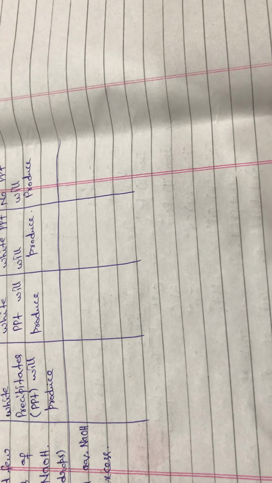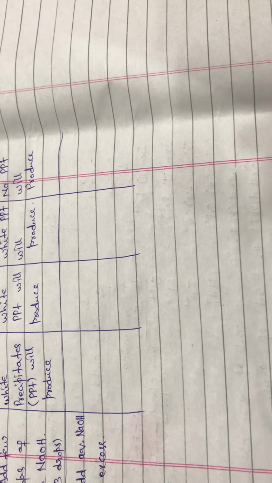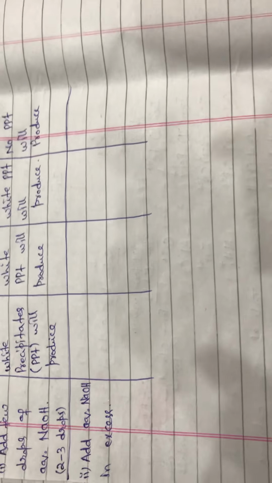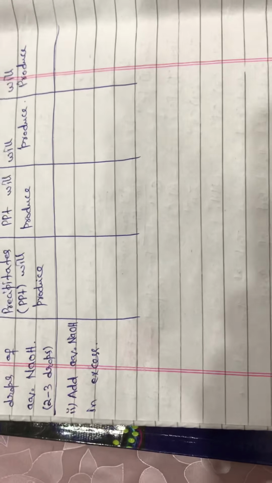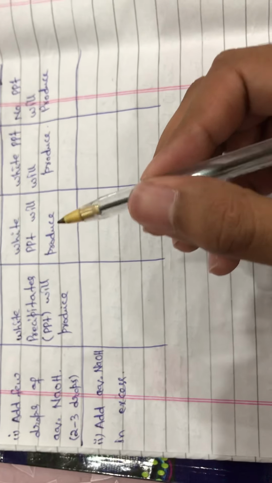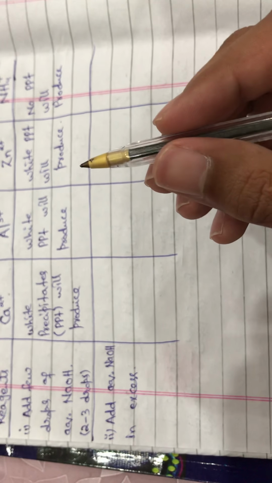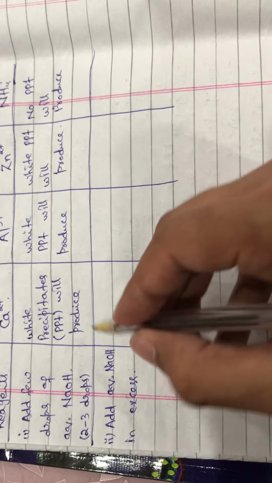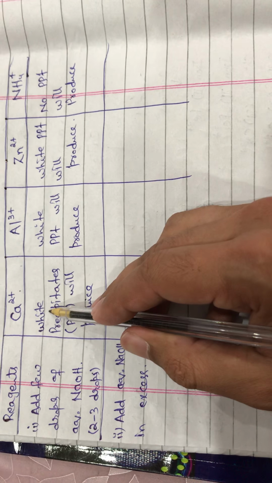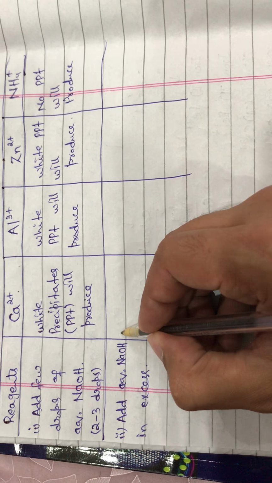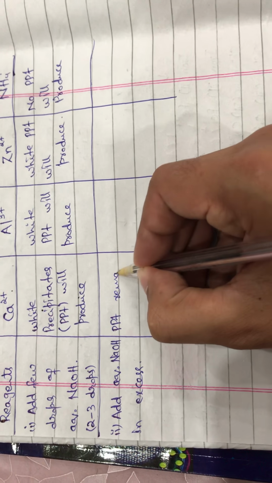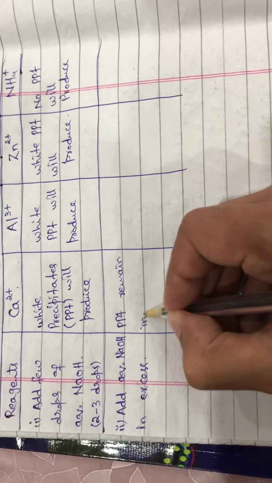You can add 1 milliliter, 2, 3 or 4 milliliters. Means you can pour more and more sodium hydroxide in it to check whether the precipitates will dissolve or not. So over here we will see that the white precipitate that was produced remains insoluble.